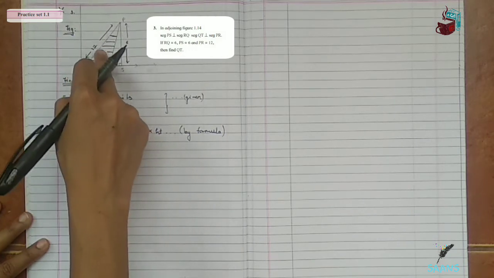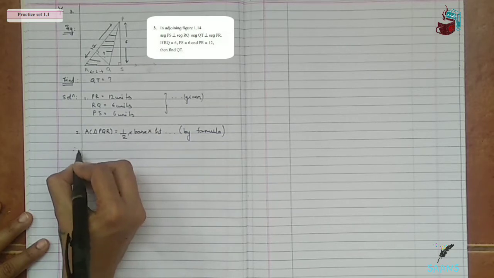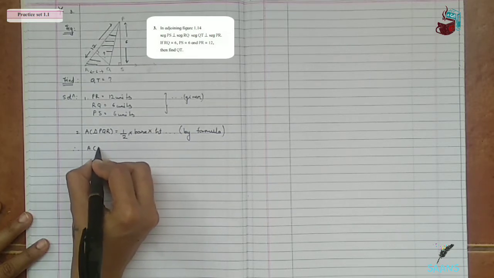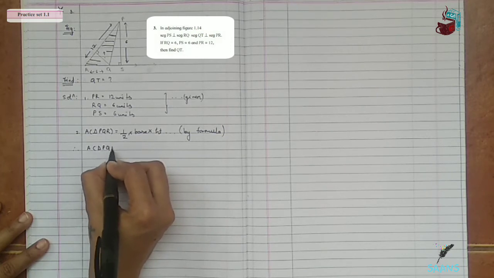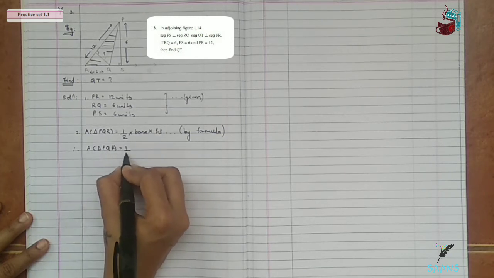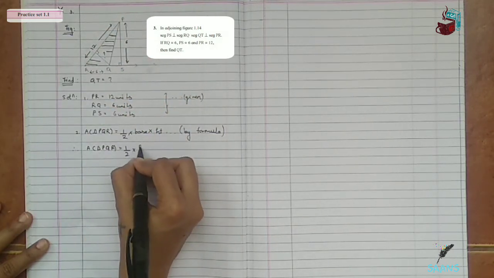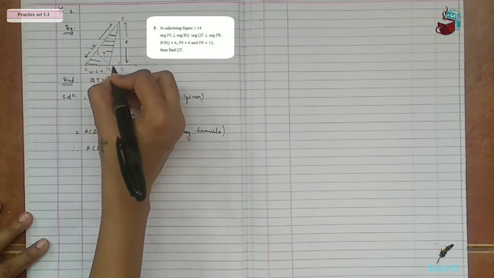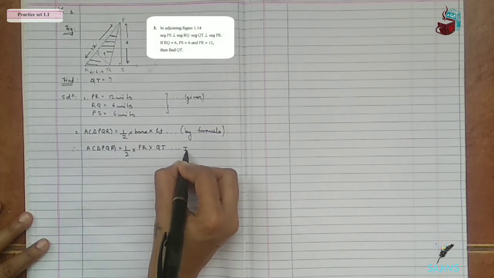This part means PR to be the base, QT to be height. So area of triangle PQR is equals to half into base over here is PR into height is QT. Okay, name it as 1.